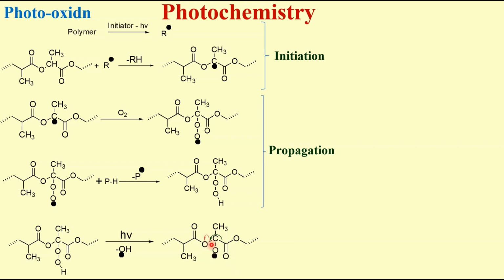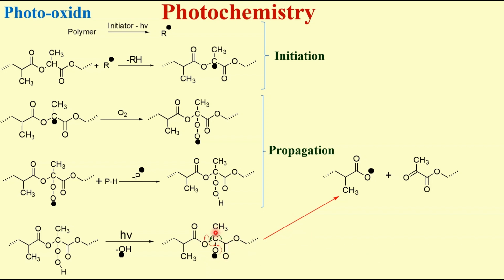The bond between the carbon and oxygen breaks. Another electron will be taken away by the carbonyl, and a carbonyl bond is formed, and it gives rise to a new oxy radical and the carbonyl derivative. The beta scission has occurred.